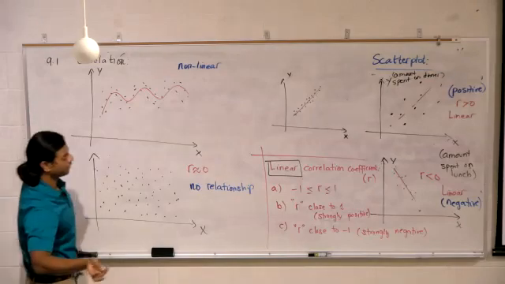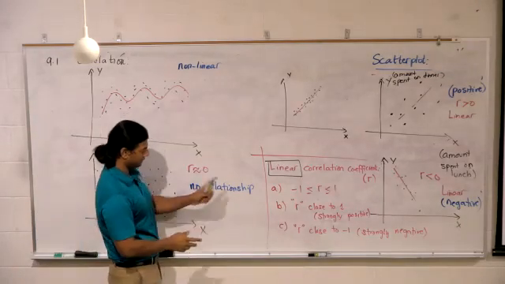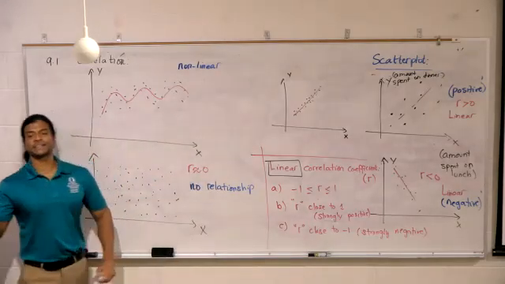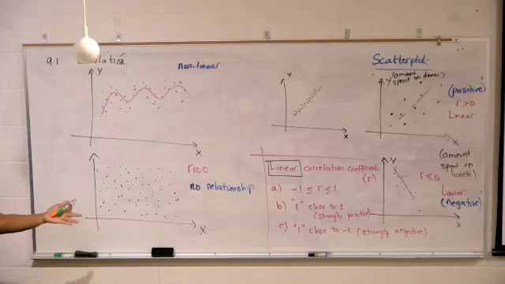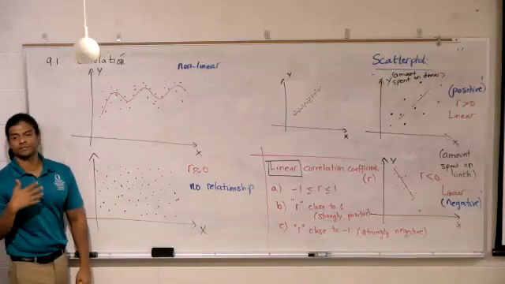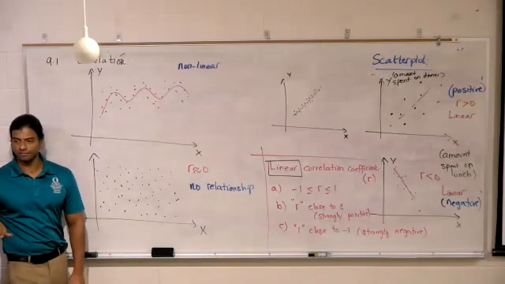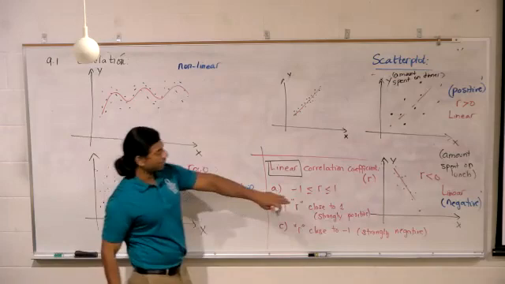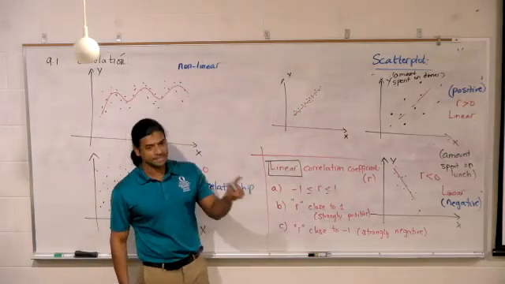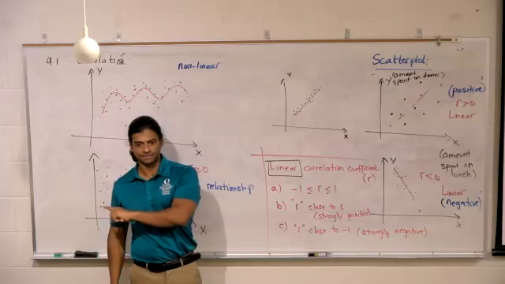If you use the formula and compute a value of R for this data set, you will get a number. It could be positive, it could be negative, but it would be inappropriate to use that value of R to make any sort of inference, because the value of R can only be used to infer linearly correlated data.